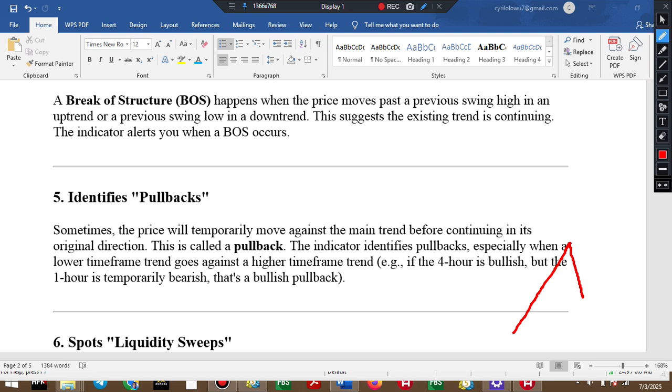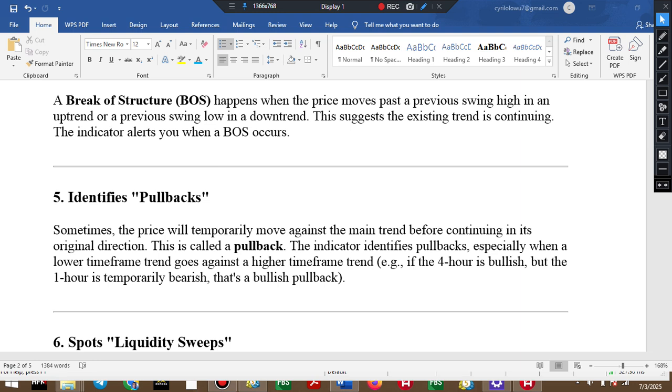So this indicator has the ability to tell you when there is a pullback in the market. The indicator identifies pullback especially when a lower time frame trend goes against a higher time frame trend, e.g., if the H4 is bullish but the H1 is temporarily bearish, that is a bullish pullback. Is that clear?